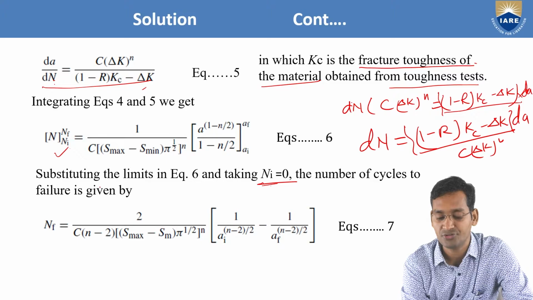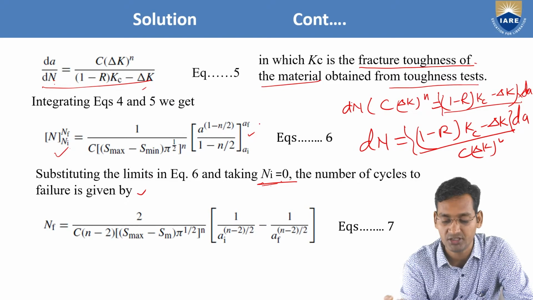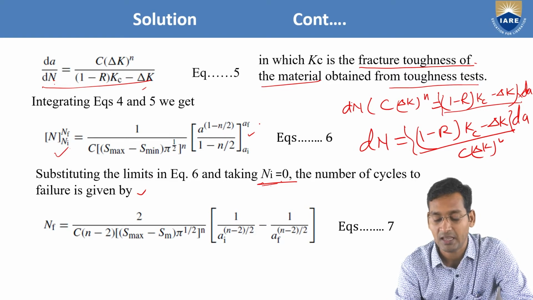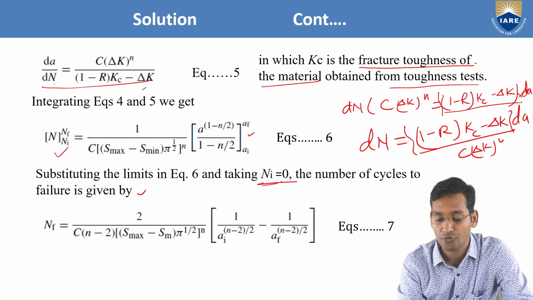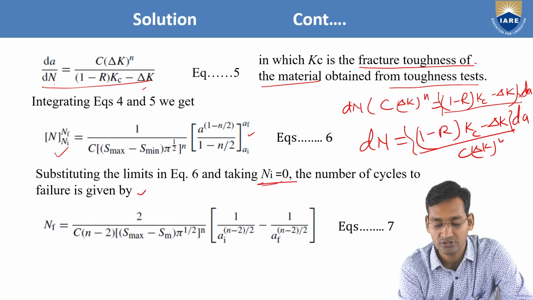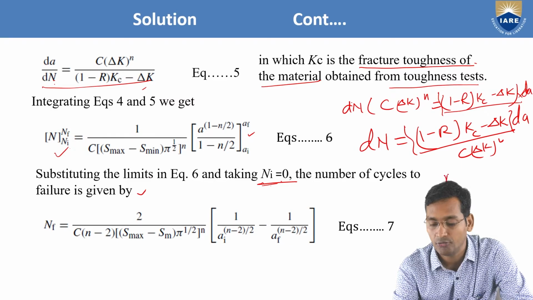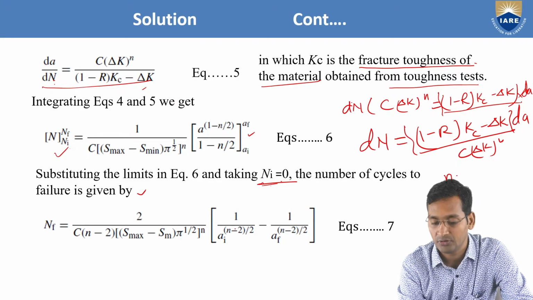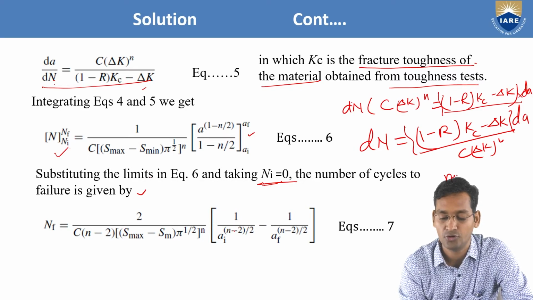Now substituting the limit, put Ni equals 0. The number of cycles to failure is given by, once you put the limit here, Ai and Af. So what will be Ai here? Just see here Ai, Af, right? We have to put the value here. N will be what? The value of N. Later we will see for the numericals what happens.